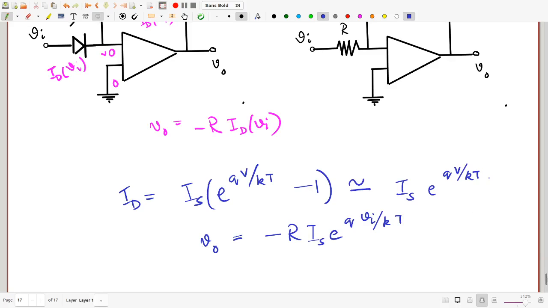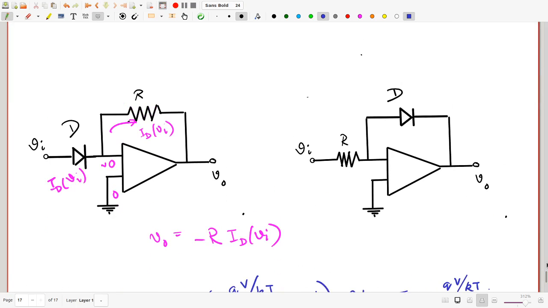Let us quickly go through the final circuit on my board here, which is the one on the right. All you have done is switch the resistance and the diode, and you might have guessed, if this is producing an exponential dependence, this should actually produce a logarithmic dependence. Well, quickly, this is 0, this is almost 0. So, this is Vi by R, same current going here.